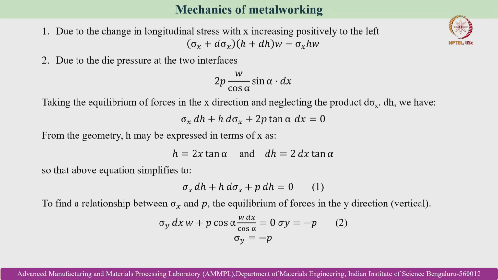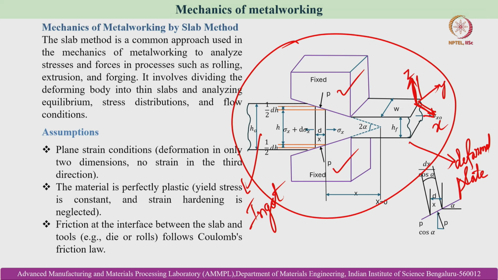Then it is sigma x plus d sigma x into h plus dh. So, h is the height at any given point. That is shown over here. So, this is the height at that bite location in the die enclosure. This is the distance h that is shown over here, marked as h.